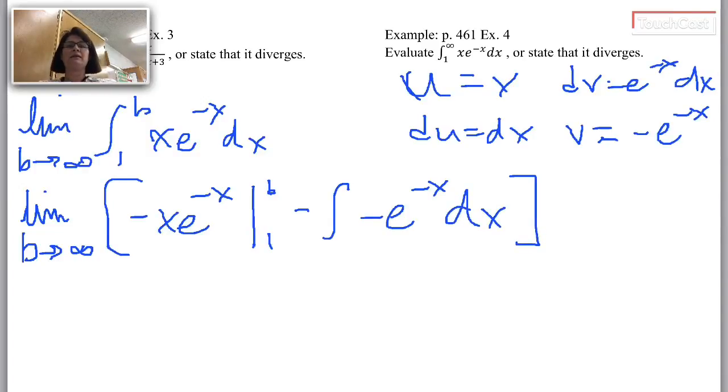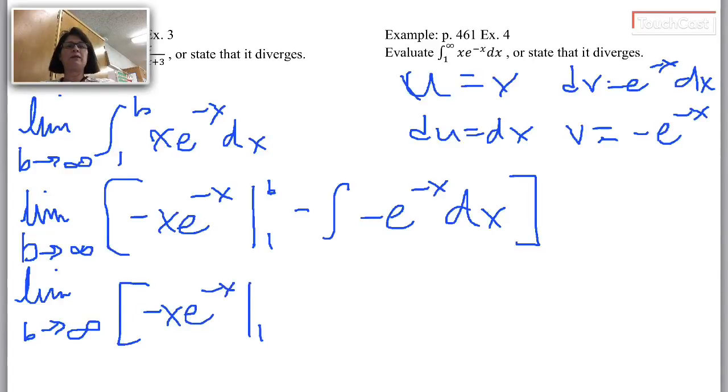This is the limit as b goes to infinity of negative x e to the negative x, evaluated from 1 to b, minus minus, this is going to be plus. I need an antiderivative for e to the negative x. That's really minus e to the negative x, also evaluated from 1 to b.